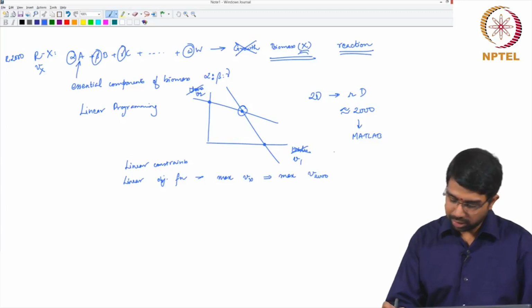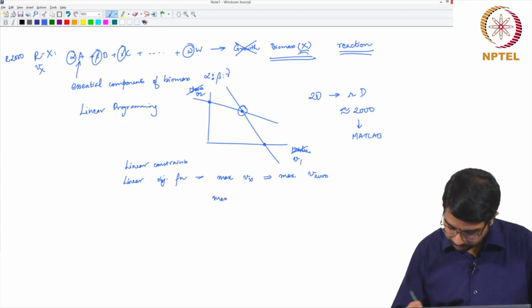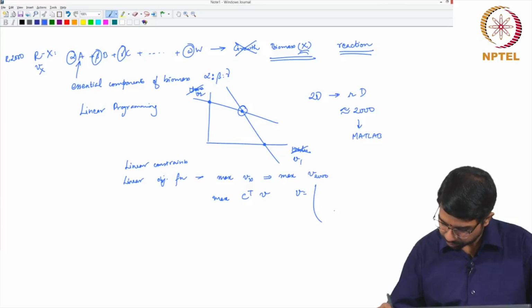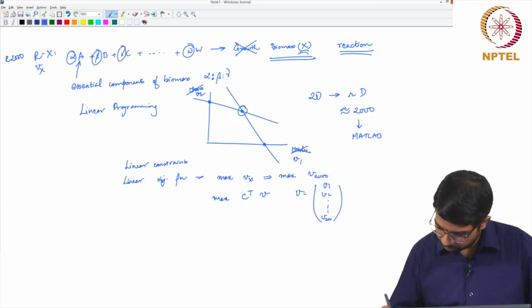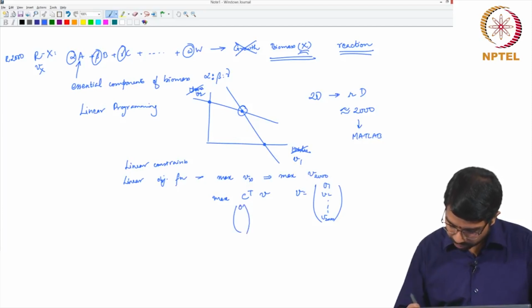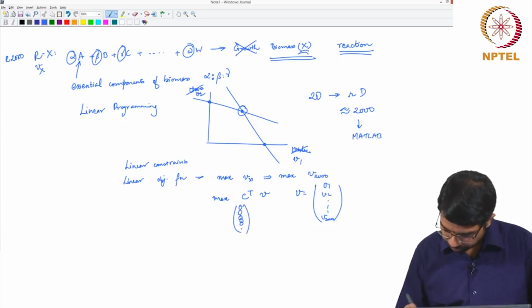So this is the same as saying maximize V2000, or maximize C transpose V, where V you obviously know is V1, V2, up to V2000, and C is nothing but 0, 0, 0, 0, 0, 1.